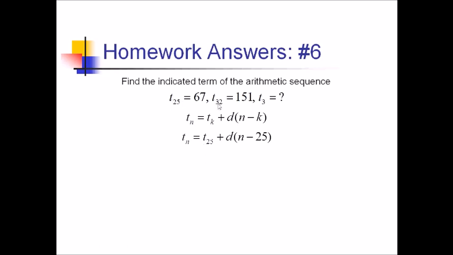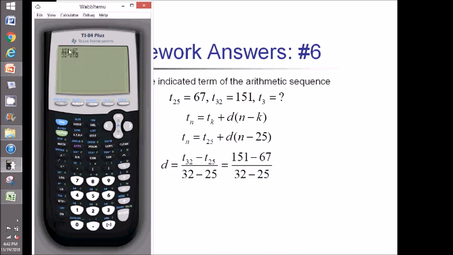Because these terms aren't right next to each other, I need the slope formula or something like it to calculate the common difference. So I'm going to do T32 minus T25 over 32 minus 25, basically y2 minus y1 over x2 minus x1. So that's 151 minus 67 over 32 minus 25. I'm going to use my calculator here.